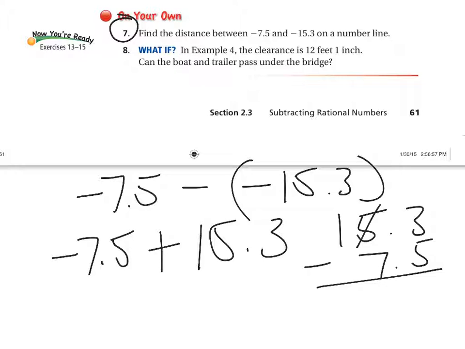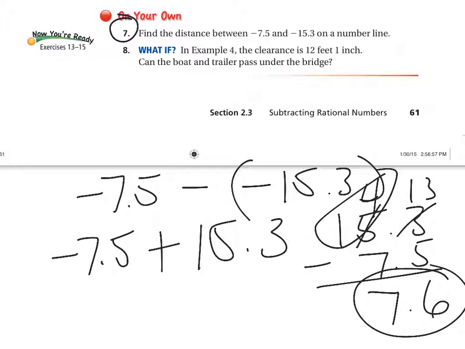You take that 10 from the 5 and put it into the 3, so now you have 13. 13 minus 5 is 6, and then 4 minus 7, I can't do that, but I could just do this whole number right here, 14. 14 minus 7 is 7. So my answer is 7.6.